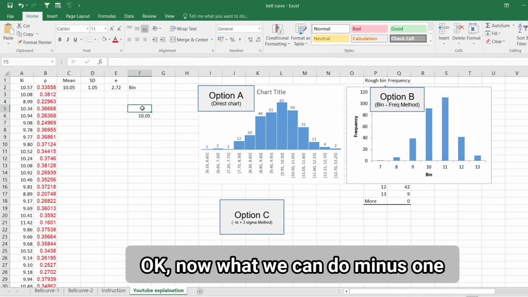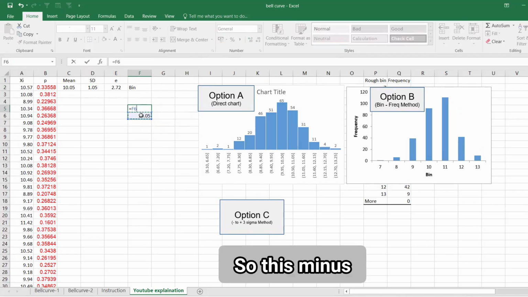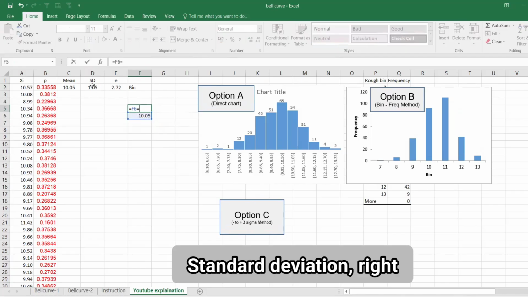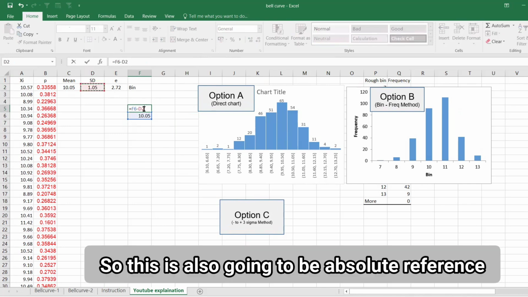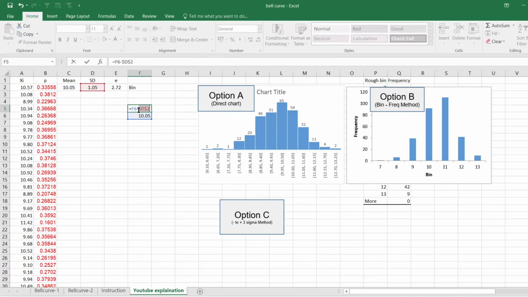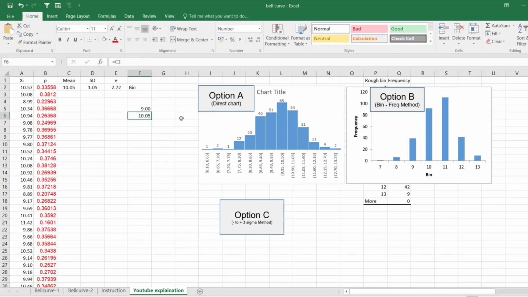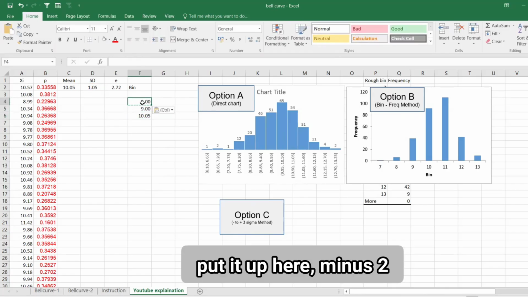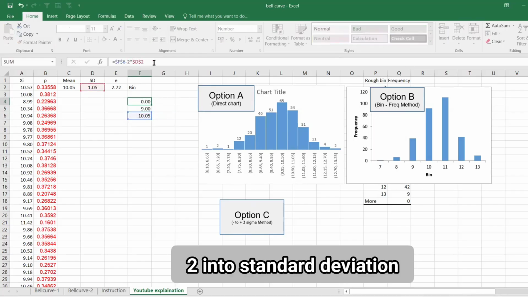Now what we can do is minus 1 standard deviation, right? This is also going to be an absolute reference, so I will give a 4. This also is going to be an absolute reference, I will give a 4, right? And then copy this, put it up here, minus 2: the only thing is I will put 2 into standard deviation.